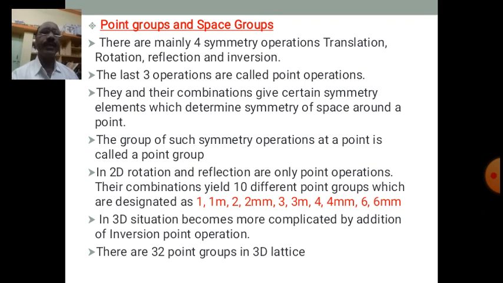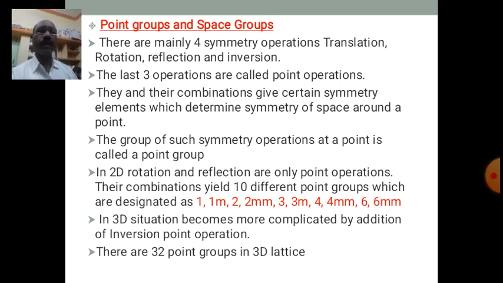In the previous video, we have studied there are mainly four symmetry operations. These symmetry operations are translation, rotation, reflection and inversion. The last three operations, that means rotation, reflection and inversion, determine the symmetry around any point.